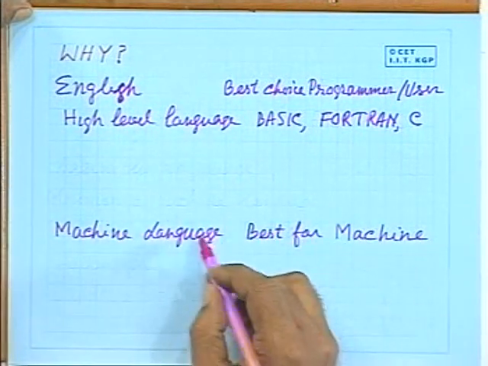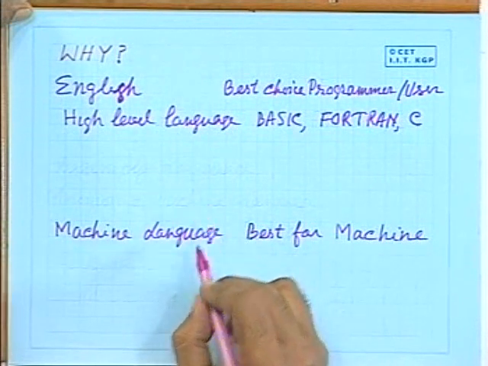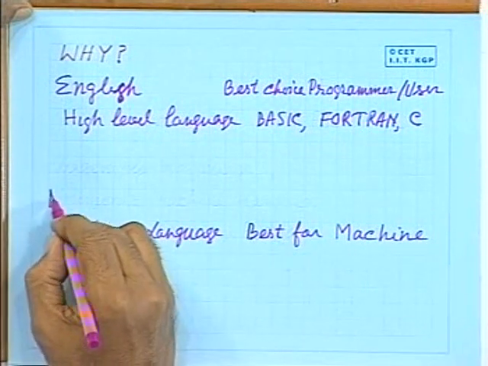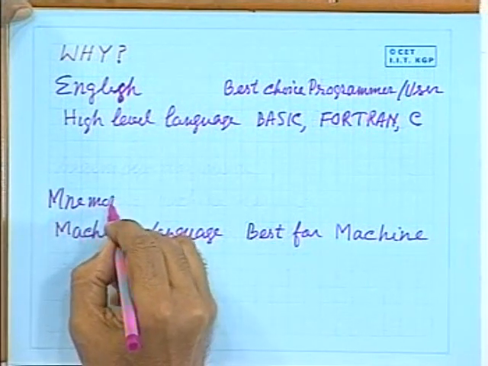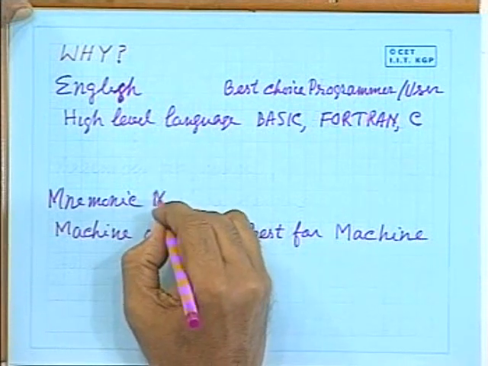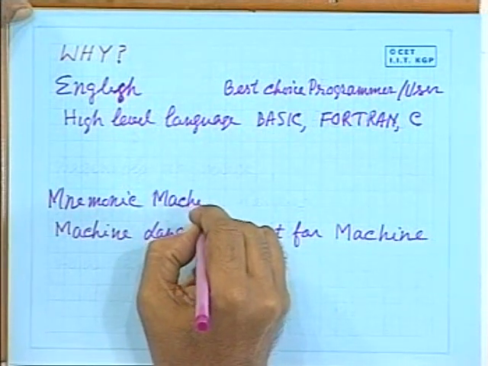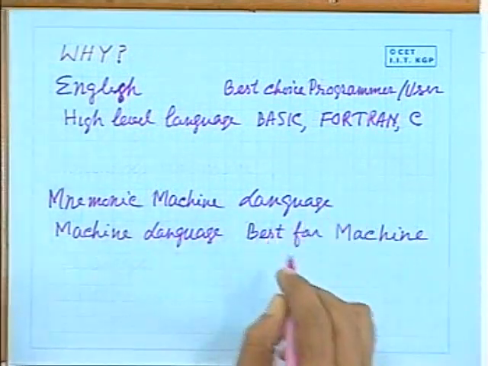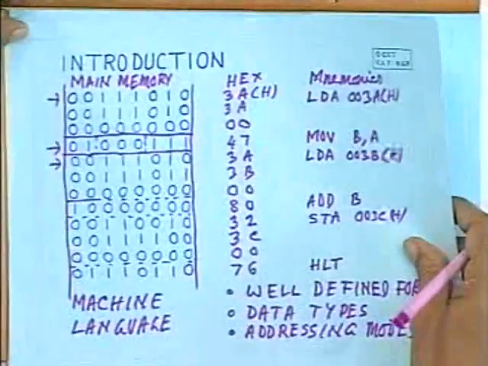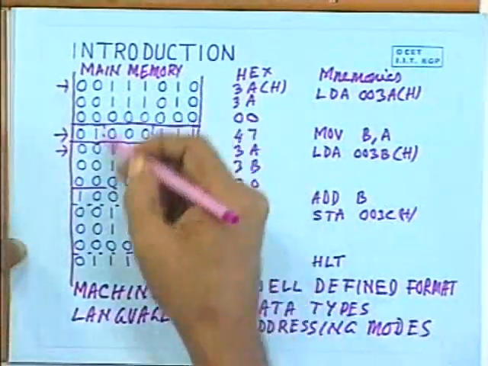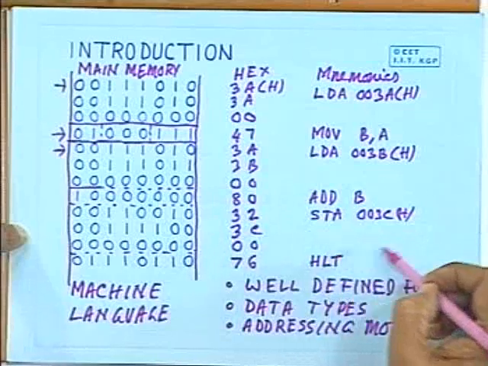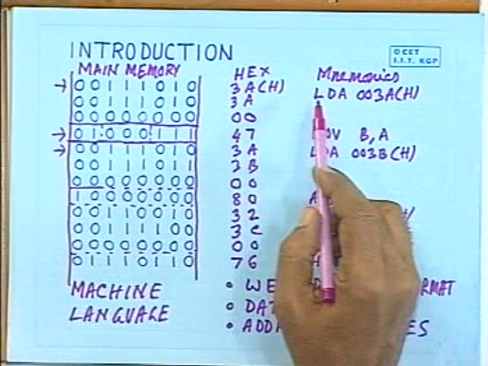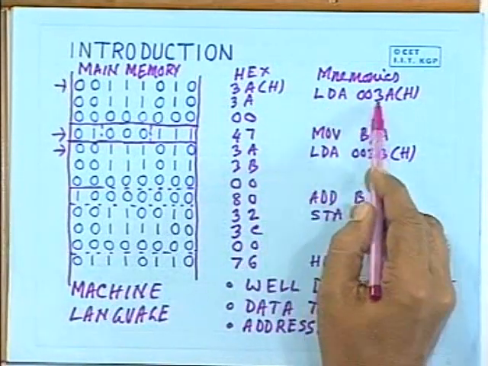On the other hand, if we go one step ahead from the machine language, we have already seen that mnemonic machine language can be used. And we have already given an example for that. For example, this is the machine language, and this particular program written in this form is known as mnemonic machine language, where each instruction, as you can see, is represented by mnemonics.